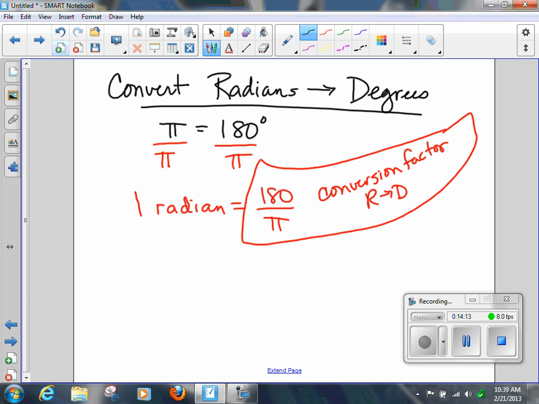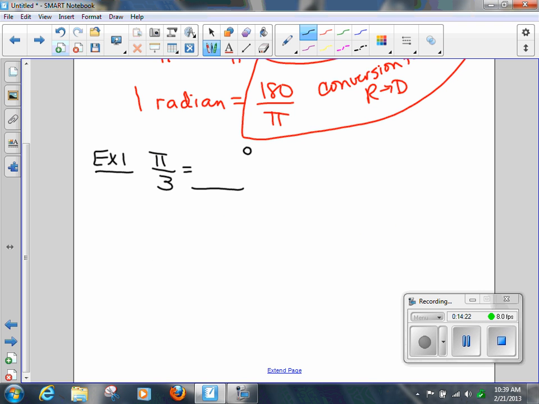Remember that if I were to have, let's use something we already know, pi over 3. Now you already know this from the unit circle. Pi over 3 is equal to how many degrees? 60 degrees. Let's prove it. Pi over 3, no, not equals, times. What do I need on my diagonal this time?